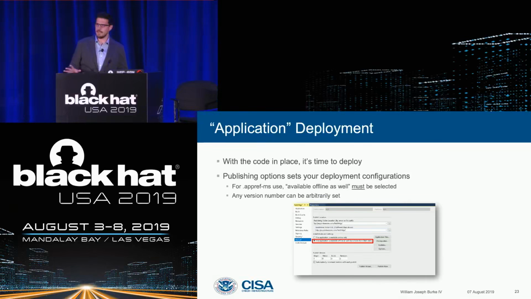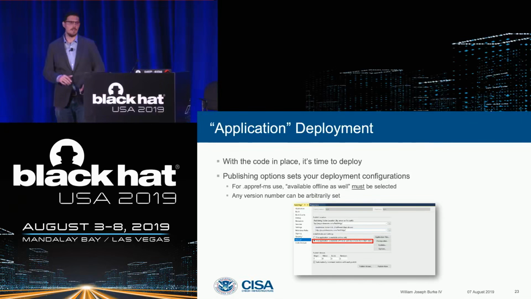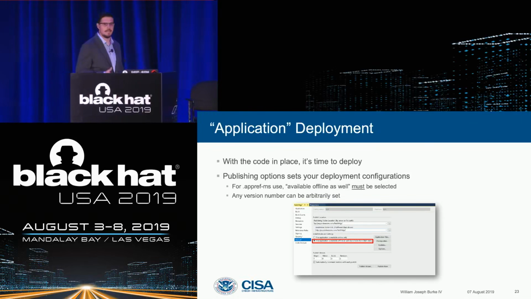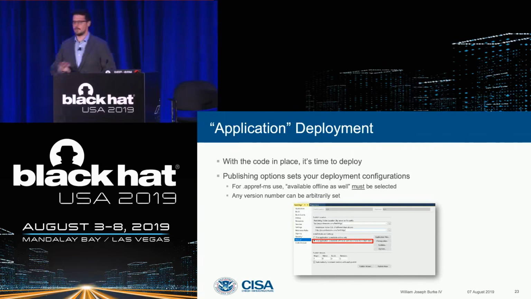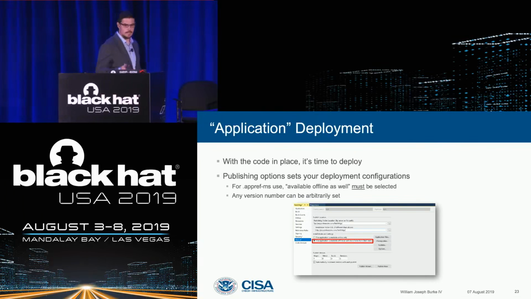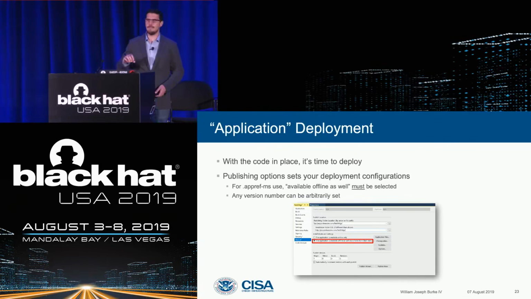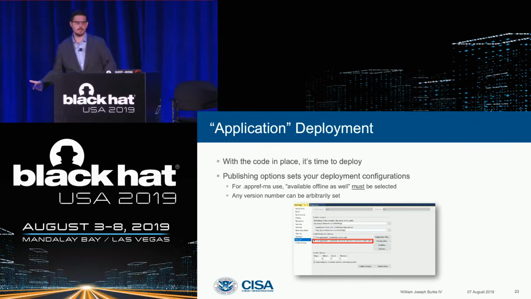So once you've got all that in place and you're good to go, so you've got your payload, your cleanup, etc., you need to actually deploy that application. Now, a key thing here, and this is where things kind of pivoted in a different direction compared to the prior ClickOnce research, is that we're going to publish it as available offline, so online and offline as well. And for Appref MS, that has to be selected because the installation process doesn't take place for online only, and you need that Appref MS file to execute the things we're looking to do.